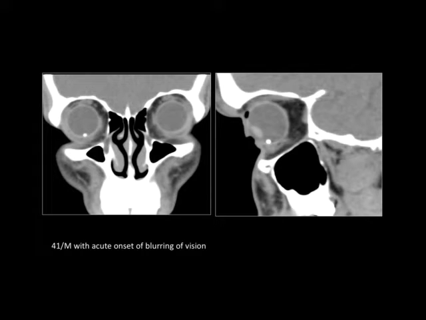Inferior. Ciliary. See the history: acute onset blurring of vision. You can even see an ear spec. This is a foreign body.